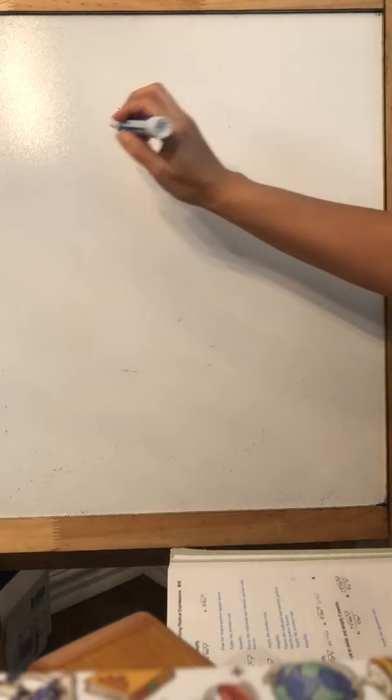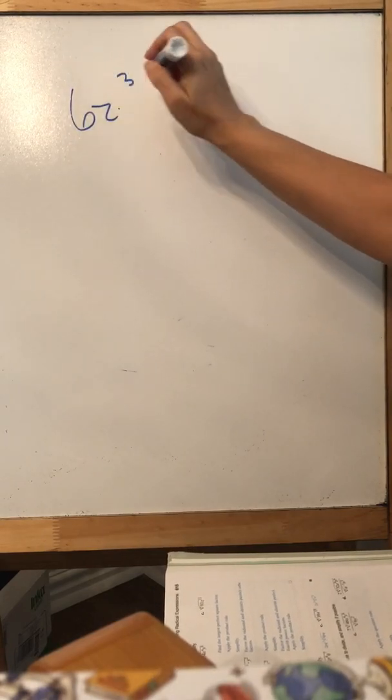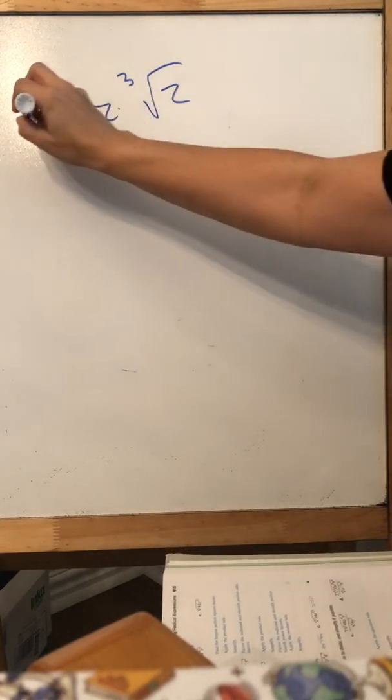All right, so A, you should have gotten 6z to the 3rd times the square root of z.